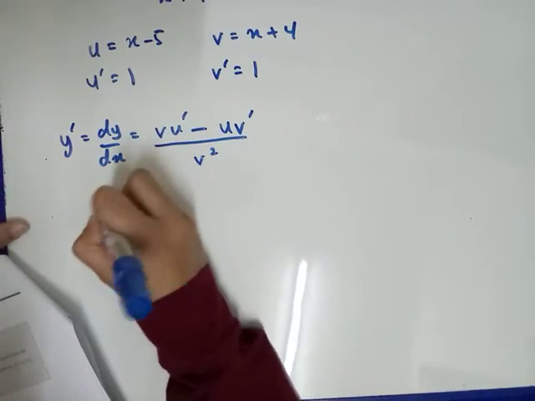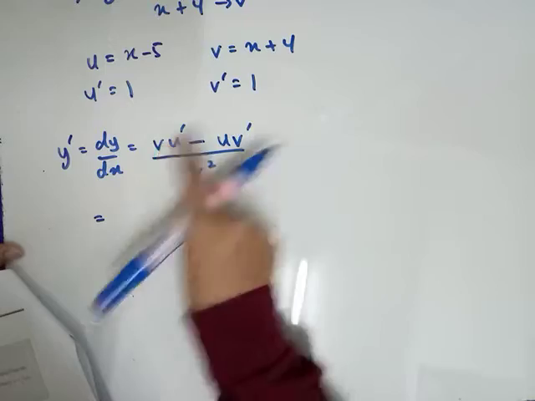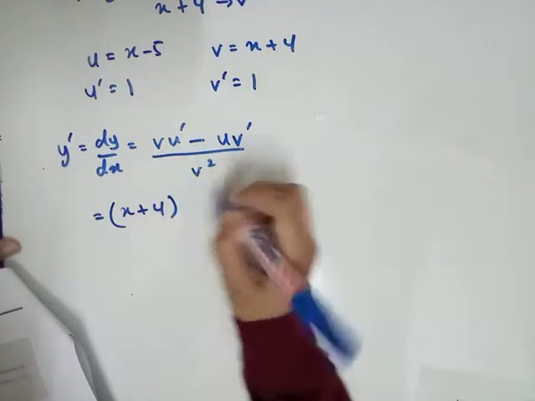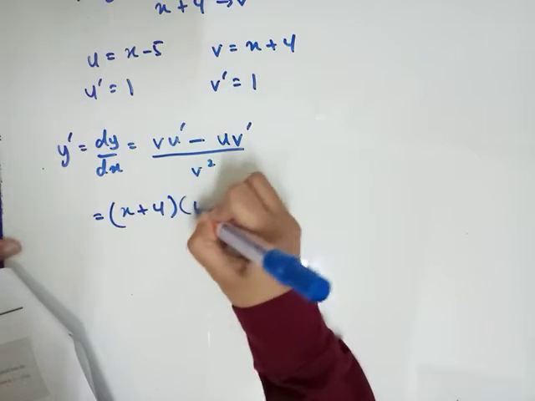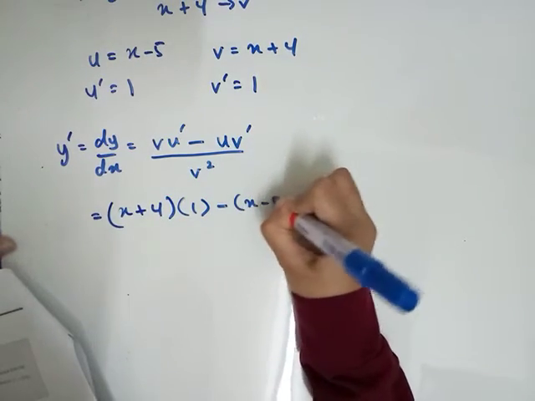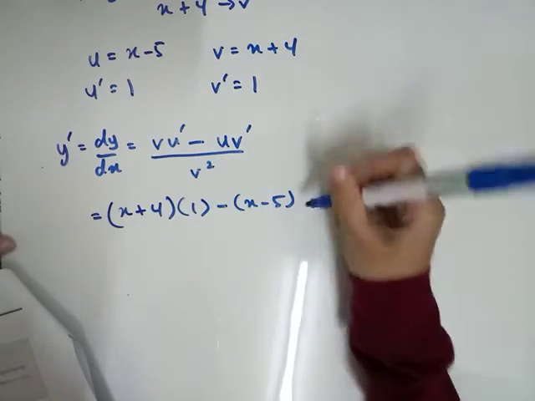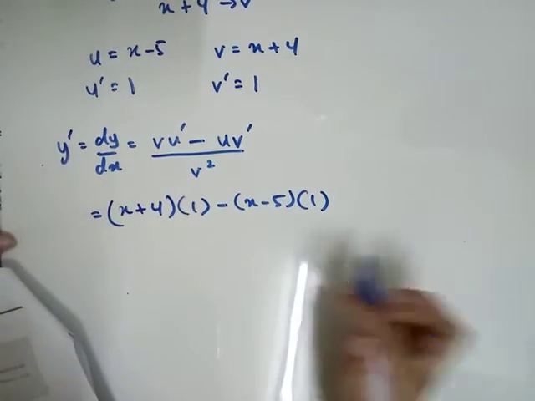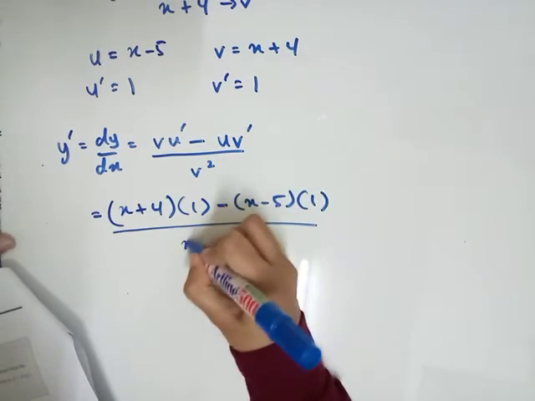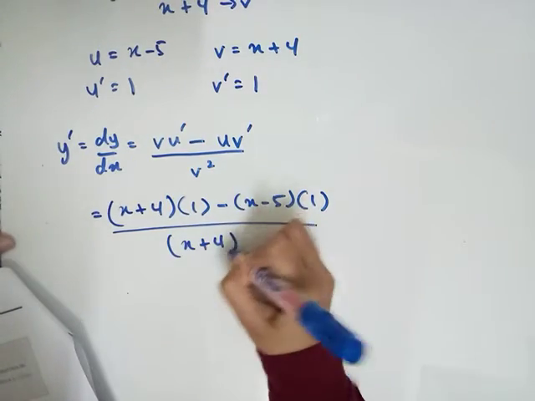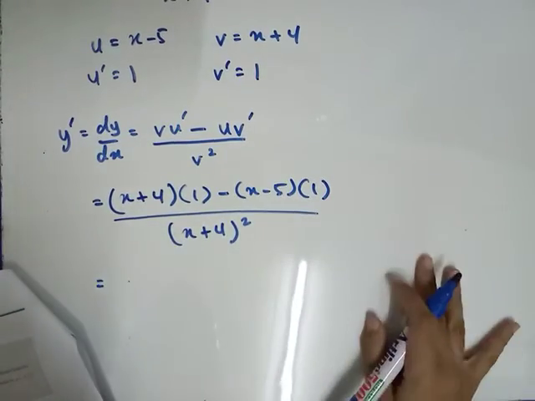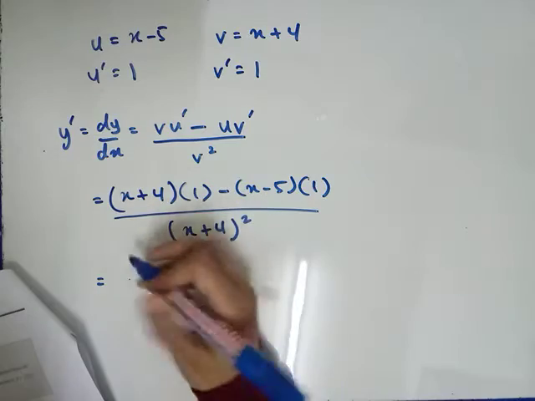And then substitute values into the formula. v is x plus 4. u prime is 1, minus u is x minus 5, v prime is 1, and then divided by v squared, x plus 4 power 2. Then you can solve. x plus 4 times 1, still x plus 4.